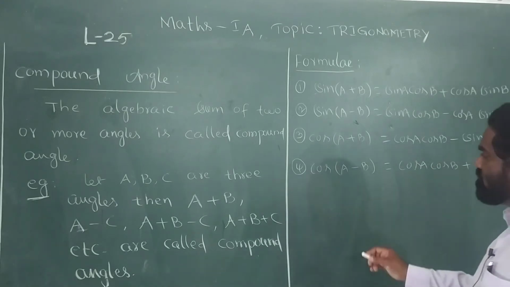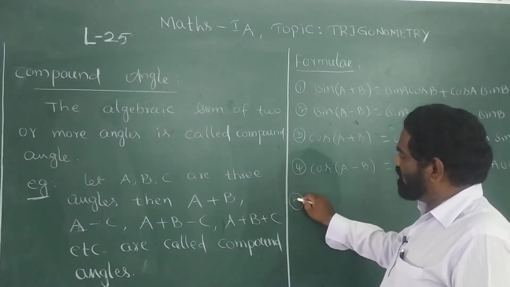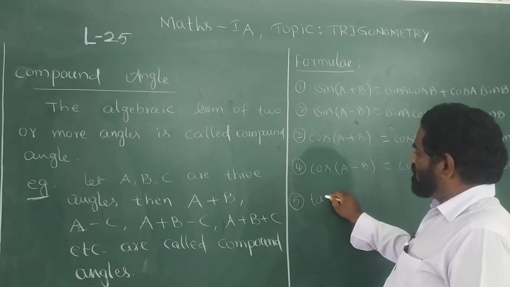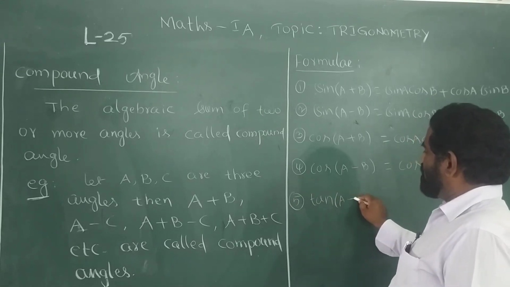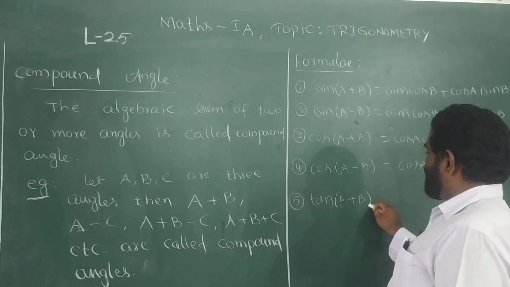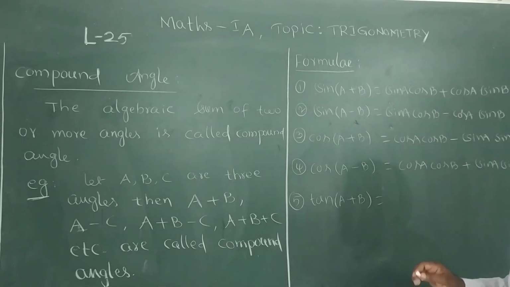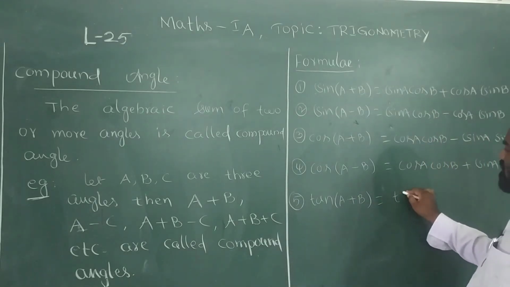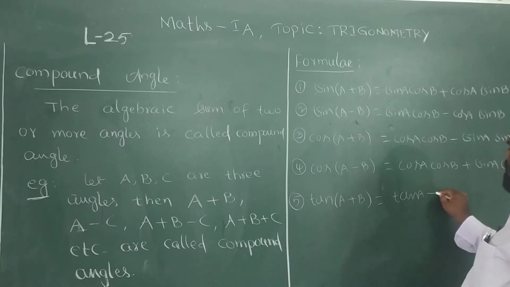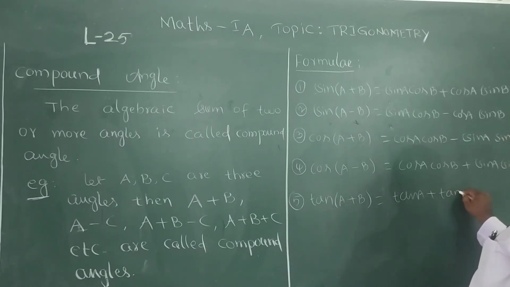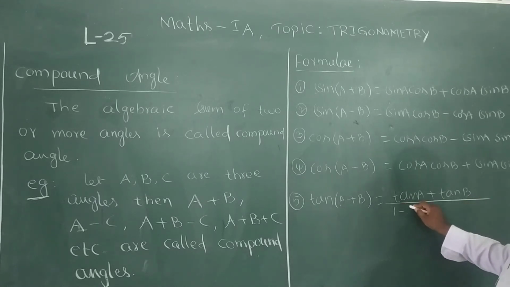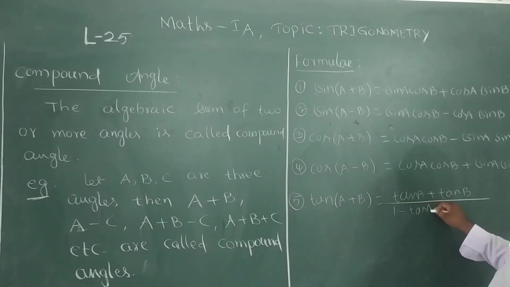Understand? The next formula is tan of A plus B. It can be taken as tan A plus tan B by 1 minus tan A tan B. Understand?